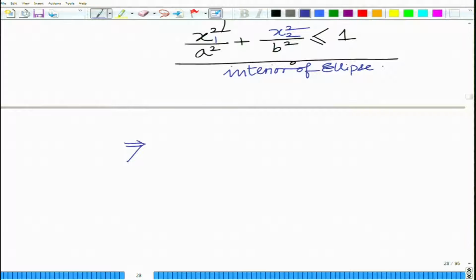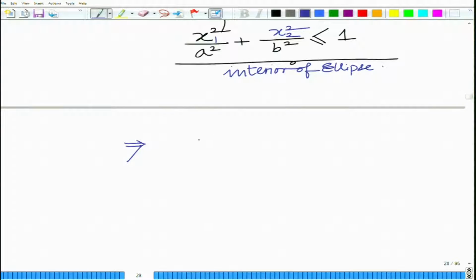Okay, where x1 is denoting your conventional x coordinate and x2 is denoting your conventional y coordinate. Now I can denote this by a vector x bar equals x1, x2, two components. This will help me generalize it to n dimensions.